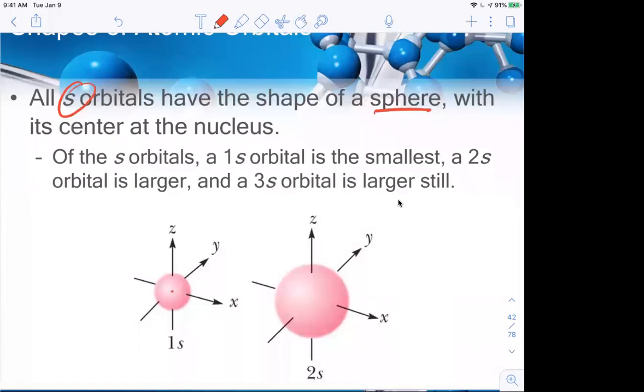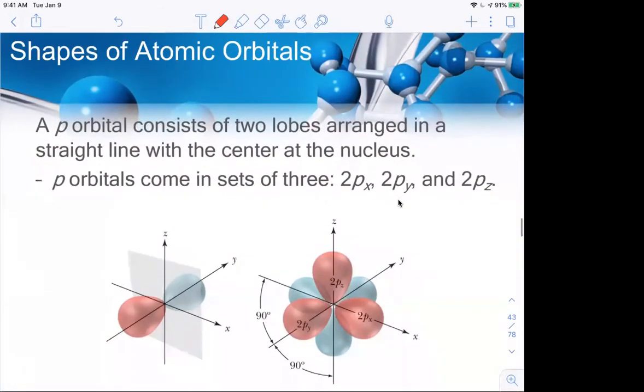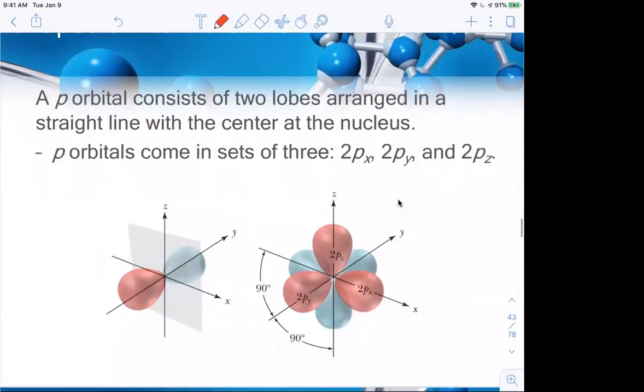A 1s is going to be smaller, a 2s is going to be larger, 3s is larger than the 2s, and so on and so forth. As I add more shells, those outer shells get farther and farther away from the nucleus, and they get higher and higher in energy.